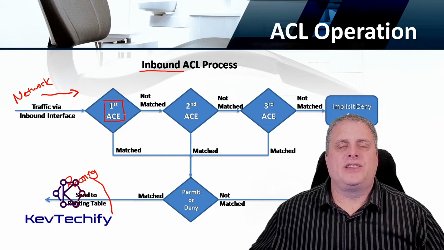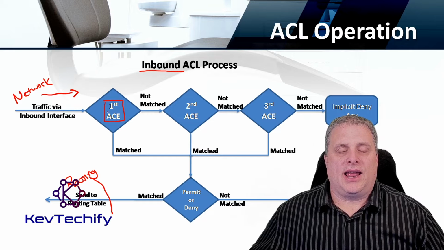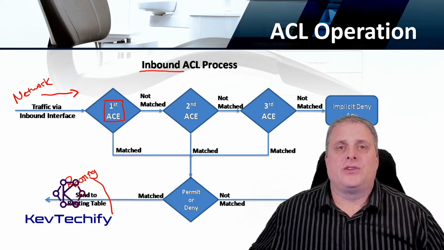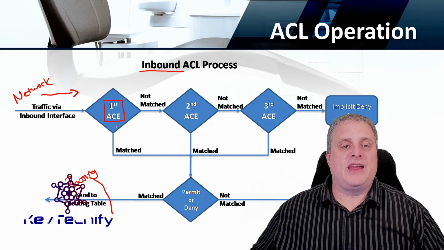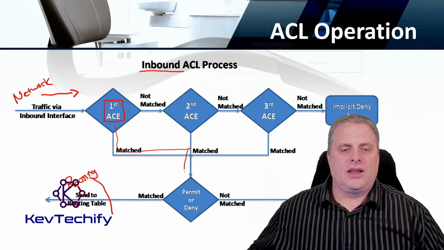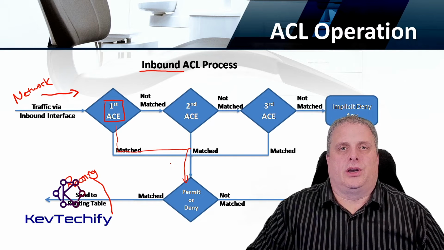When something matches that first ACE, that access control entry, either in the layer 3 IP address or the layer 4 information, it looks at the rest of that access control entry.